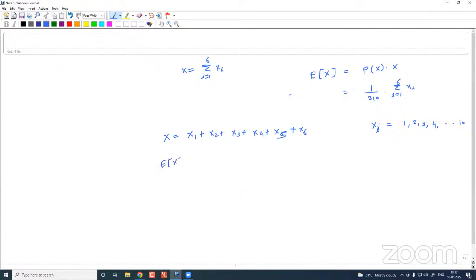Now the expectation of x is the expectation of x1 plus expectation of x2 plus up to expectation of x6, right? Each is the same, so it is 6 times the expectation of x1.